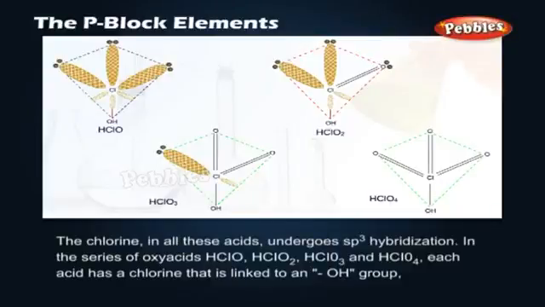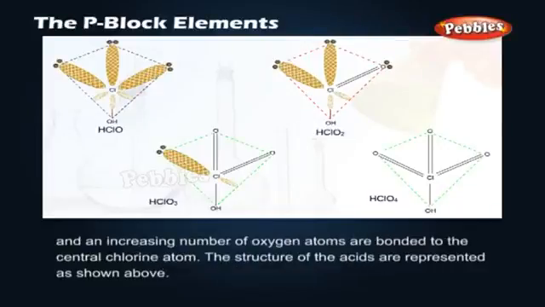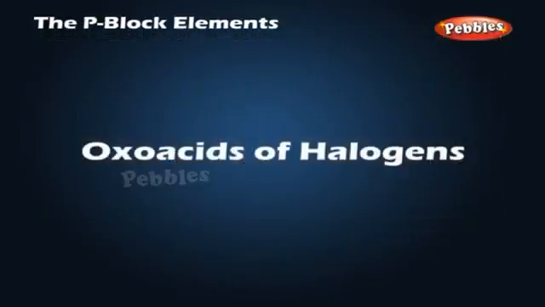In the series of oxyacids HClO, HClO2, HClO3 and HClO4, each acid has a chlorine that is linked to an OH group, and an increasing number of oxygen atoms are bonded to the central chlorine atom. The structures of the acids are represented as shown above.